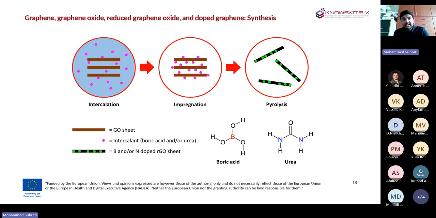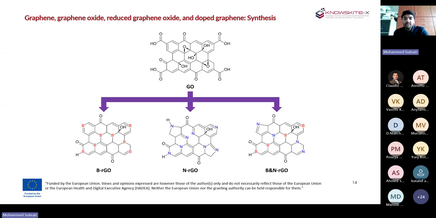So you do the intercalation, then you dry the aqueous mixture of boric acid or urea, or actually both, if you want, like co-doped boron and nitrogen, and then you pyrolyze the impregnated compound. And then you produce, as you can see, boron-doped reduced graphene oxide, or nitrogen-doped reduced graphene oxide, or in the case of co-doping, you can produce both.